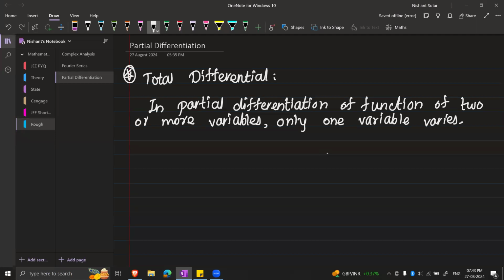So while we are calculating the partial derivative, we vary only one variable.